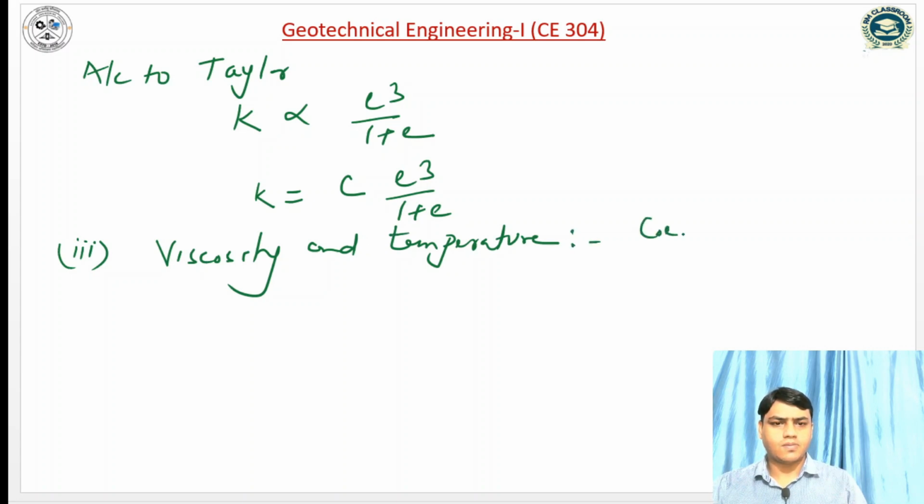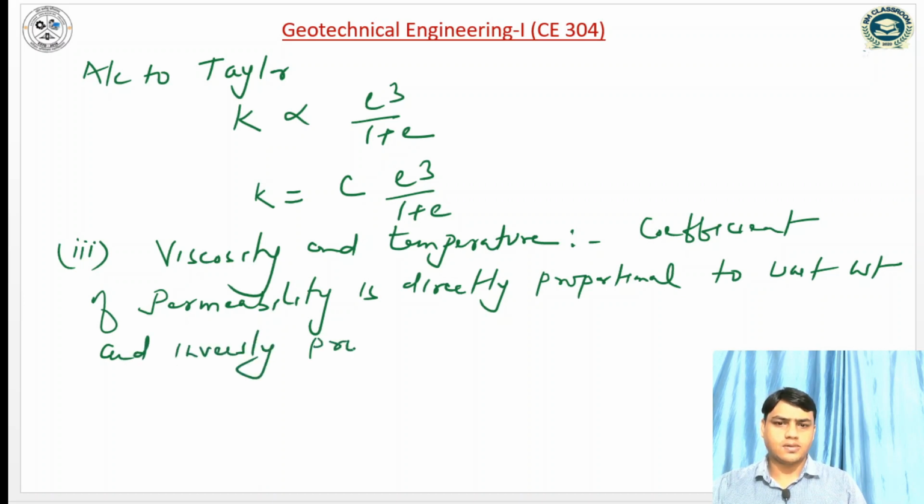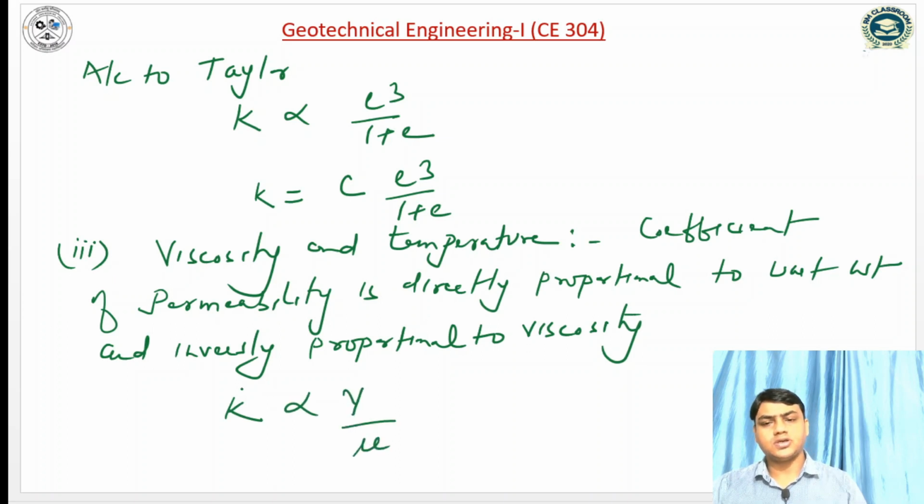Coefficient of permeability is directly proportional to unit weight and inversely proportional to viscosity. K is directly proportional to unit weight and inversely proportional to the viscosity.